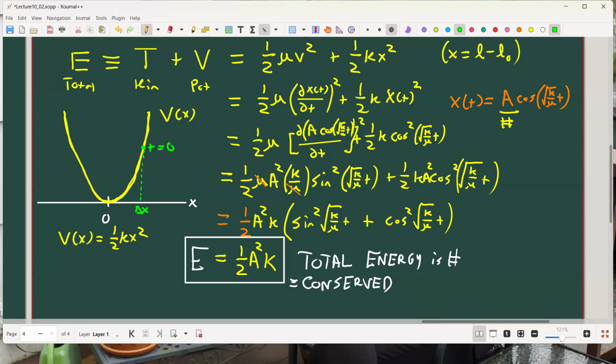The potential energy is a function of delta x. The total energy is just a function of a squared and a constant. k doesn't change. It's fixed to the spring. So a must be a function of delta x as well. So a tells you again how much you've displaced the spring when you stretch it. And so again, what I've done effectively is I've taken my spring.